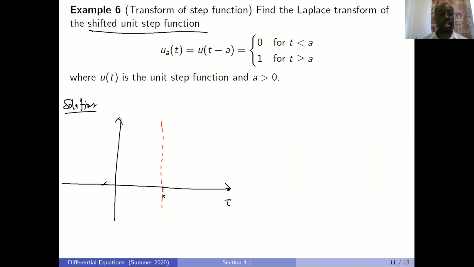If t is less than a, our function is 0 all the way up to a. And then if t is greater than a, our function is 1. So this is 1 here. This is u_a of t. This is a shifted unit step function, and is defined in terms of u, which is the unit step function.